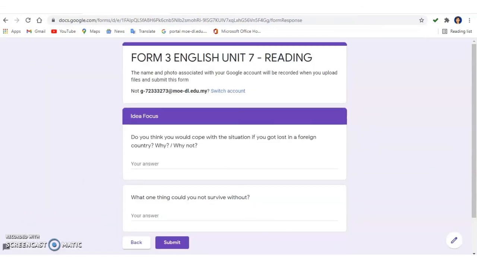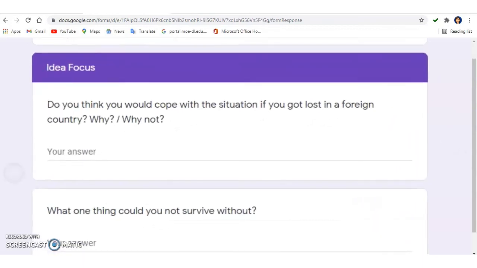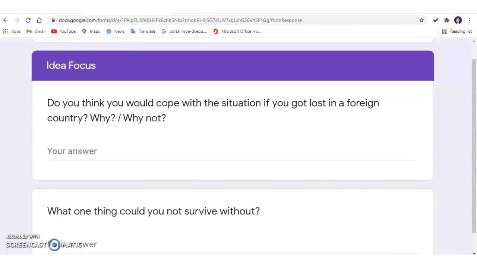So, idea focus. I think we have also discussed it in part 1 of the video, but for those who have not done this, you can try to do this idea focus question. Do you think you would cope with the situation if you got lost in a foreign country? Why or why not?